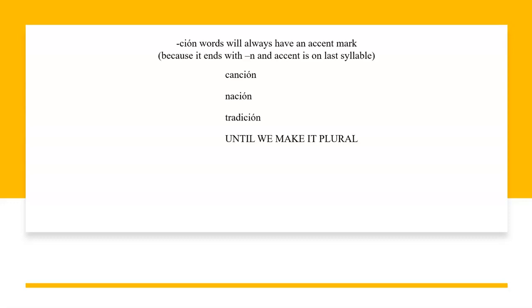Okay, ción words will always have an accent mark because it ends with an N and the accent is on the last syllable instead of the second to last, so it breaks the rule. Okay, for example, canción, nación, tradición. But when we make it plural, then it actually follows the rule, so we're going to get rid of the accent mark because now we're adding another syllable: canciones.